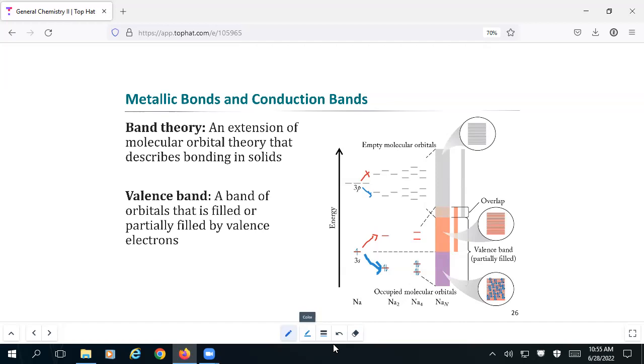That's what gives metallic substances their conductivity. They have this free movement of electrons because they have this completely continuous band of orbitals for those electrons to move through.